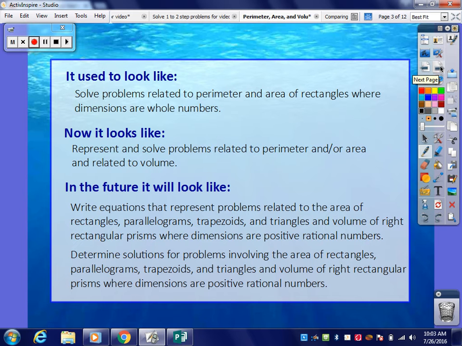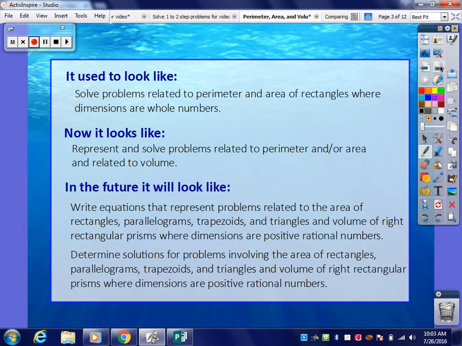So last year, you were able to solve problems related to perimeter and area of rectangles, where dimensions were whole numbers. This year, you will represent and solve problems related to perimeter and/or area and related to volume.